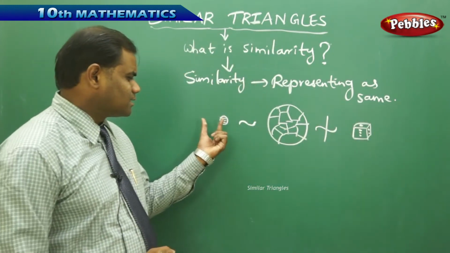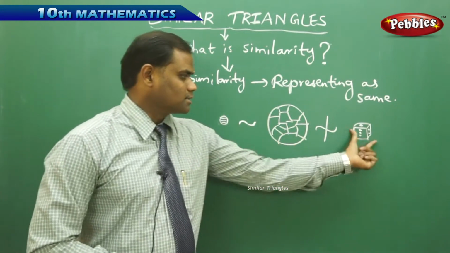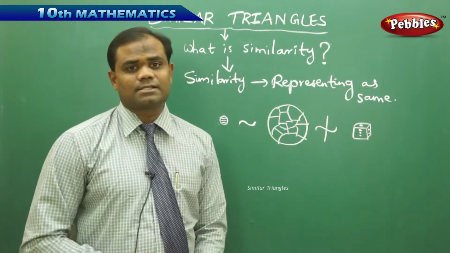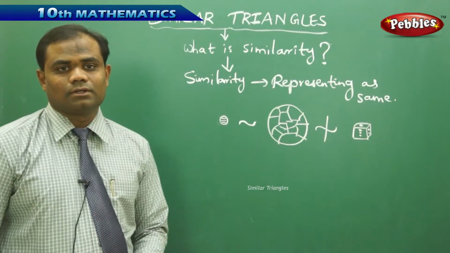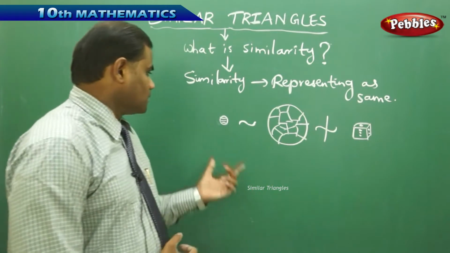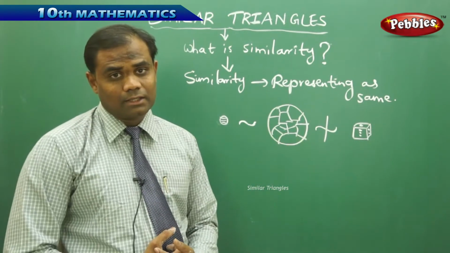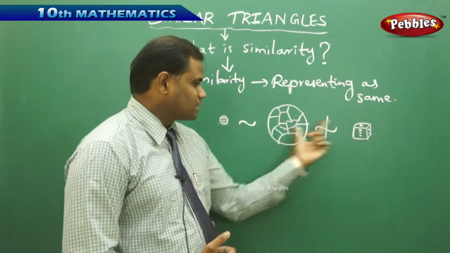Why is a cricket ball similar to a football, and why is it that neither of these two objects is similar to a dice which is thrown in the game of Ludo?